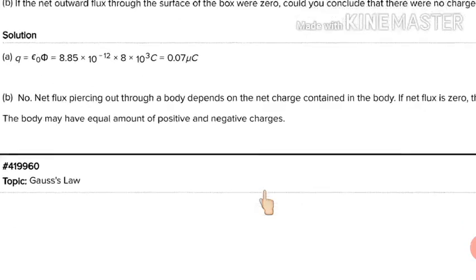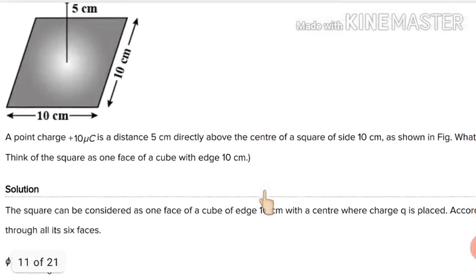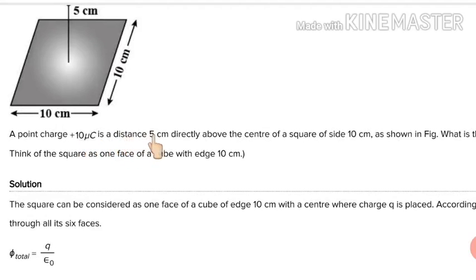Okay, next question is, they have given us the diagram. The question says that a point charge plus 10 microcoulomb is a distance 5 cm directly above the center of a square whose side is 10 cm, as shown in the figure.